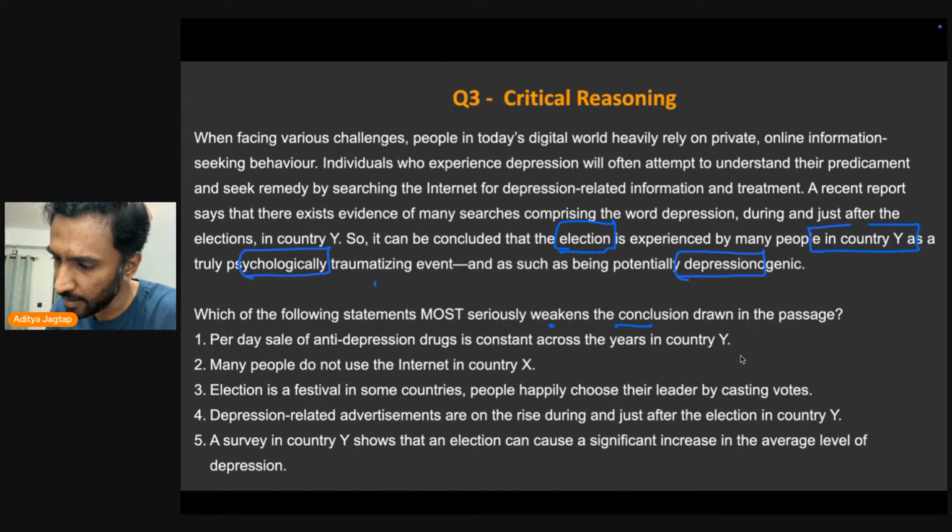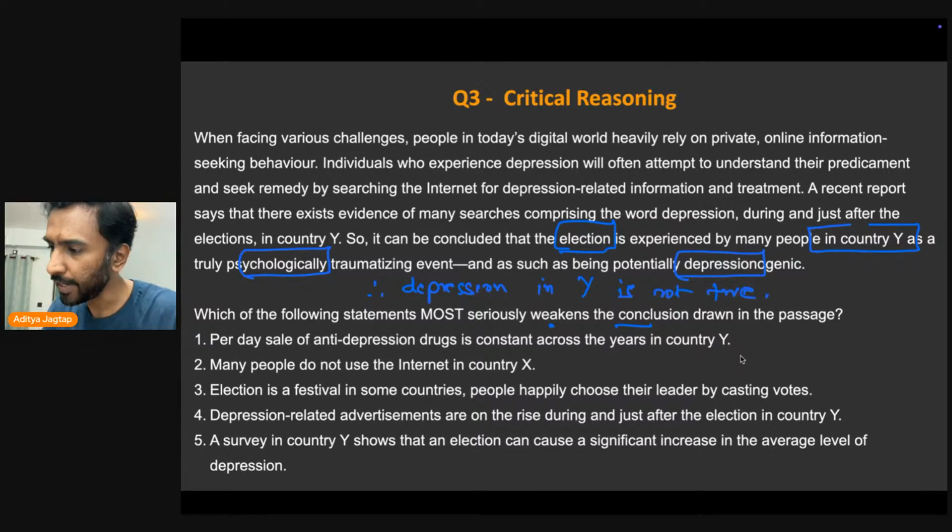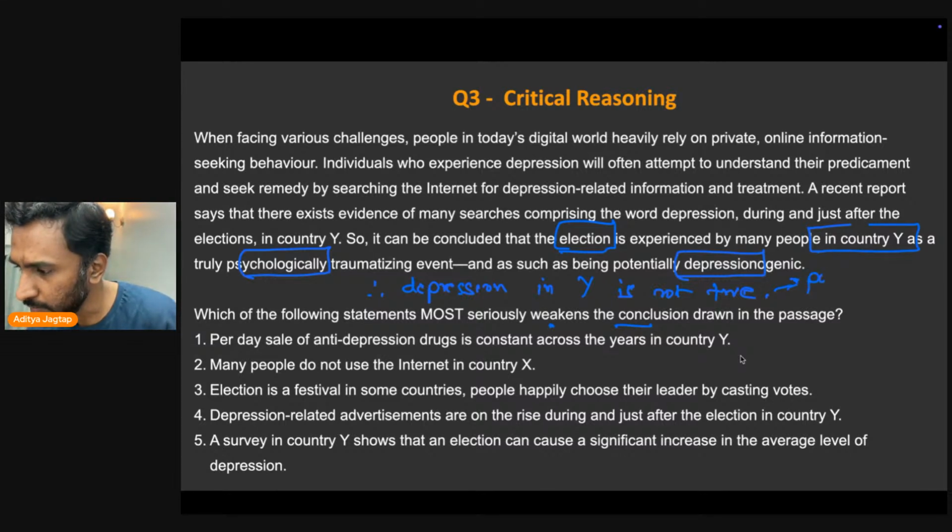So we want to say, therefore, depression in Y is not true, right? Not true meaning this could be not possible, or this could be not achievable, not feasible, right?